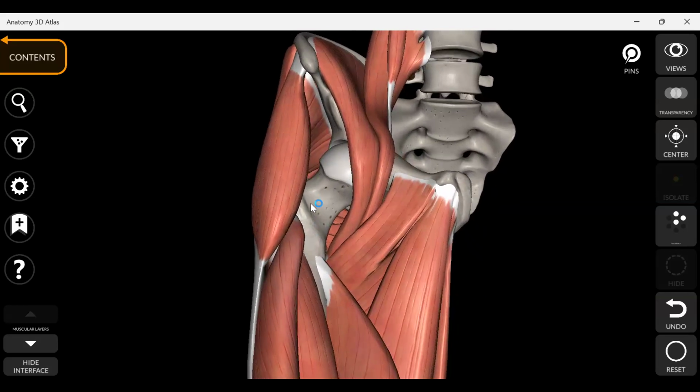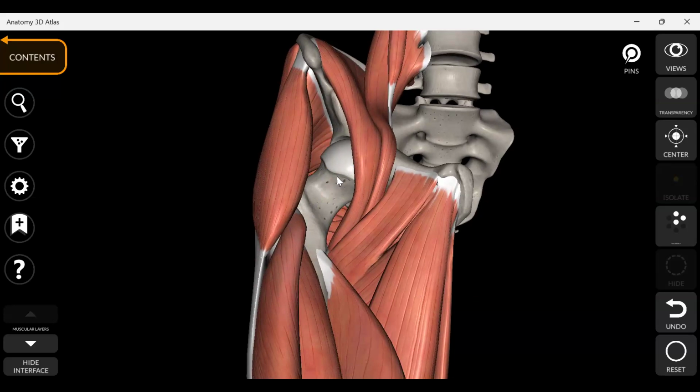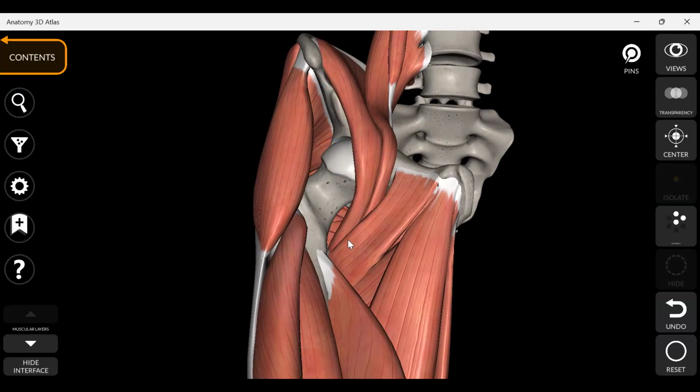So below these structures, we can see the neck of the femur. While we'll be focusing at the head and the neck of the femur, we'll be able to see the iliopsoas over the head of the femur. We'll be able to see the rectus femoris, which I have hidden, which is starting from the anterior inferior iliac spine, and we'll be able to see the sartorius and a portion of the tensor fascia latae.